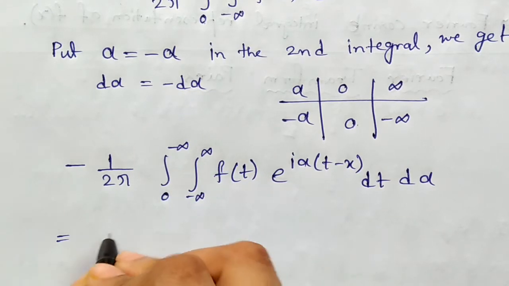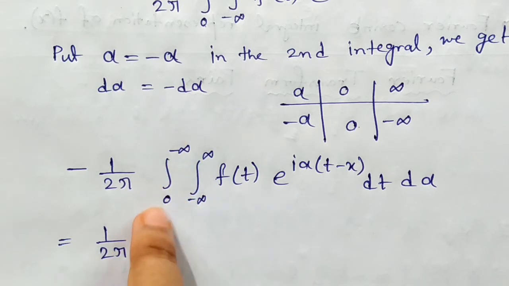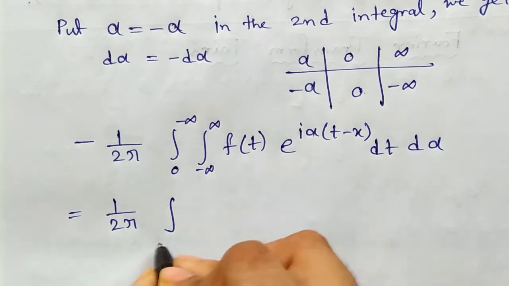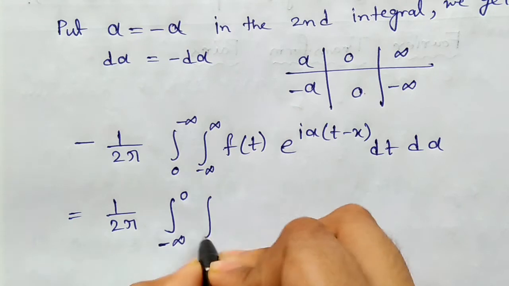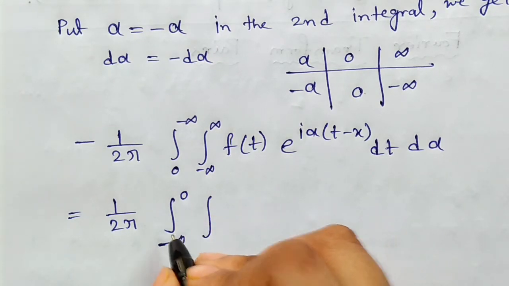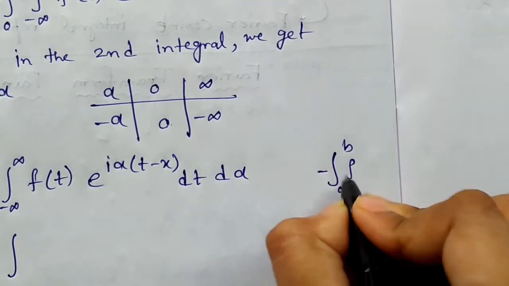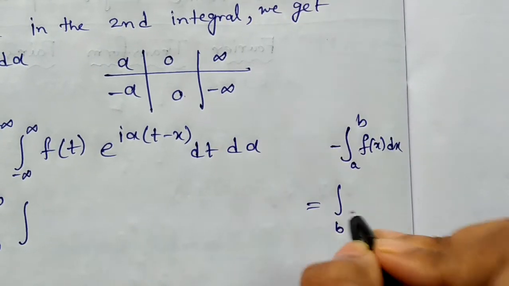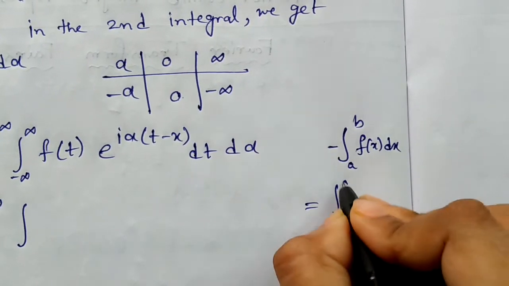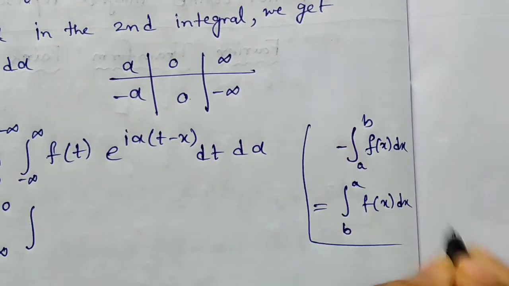Now again, minus of integration 0 to minus infinity can be written as plus integration minus infinity to 0. This is the property of integration I have mentioned: minus of integral a to b f(x) dx can be written as integral b to a f(x) dx.